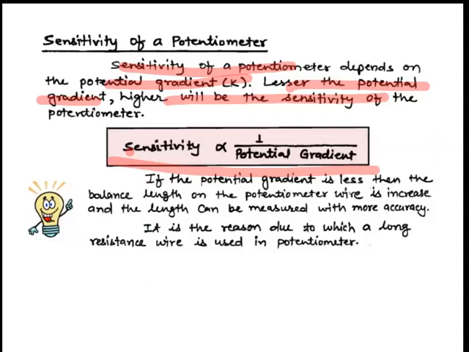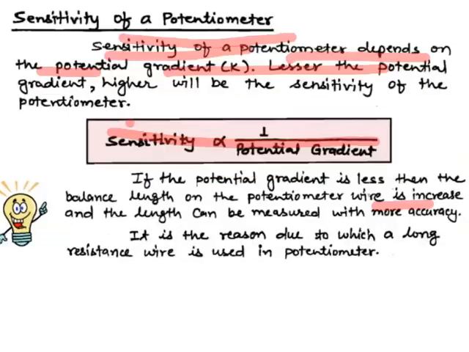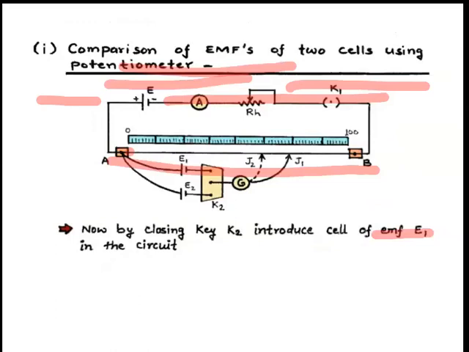Lesser the potential gradient, greater the sensitivity. For this reason, we choose a very, very long wire. So this is about your sensitivity.